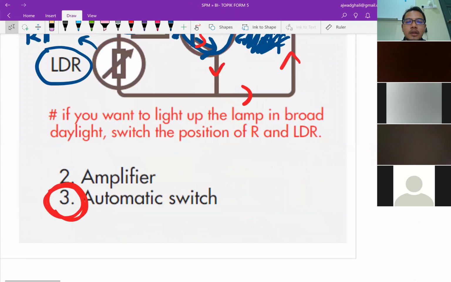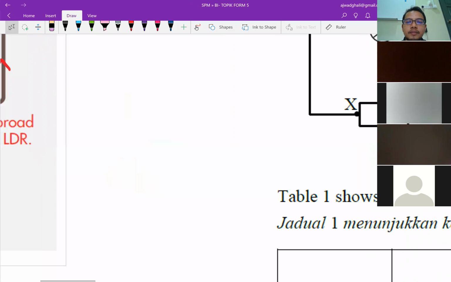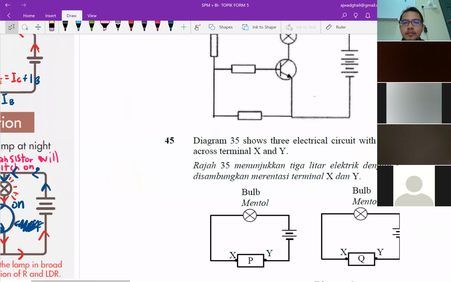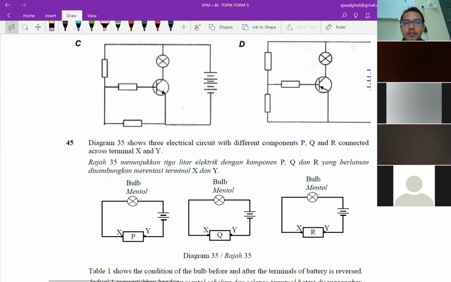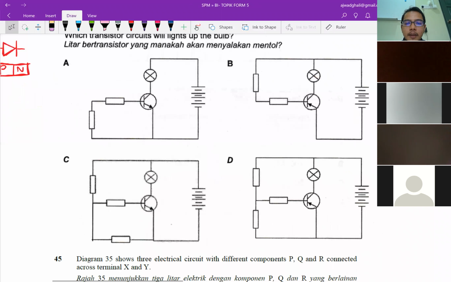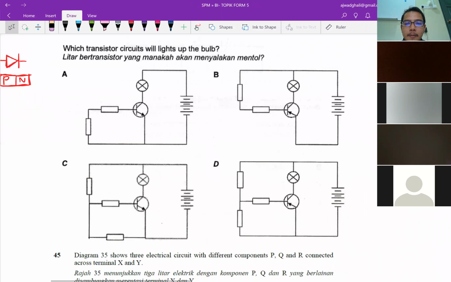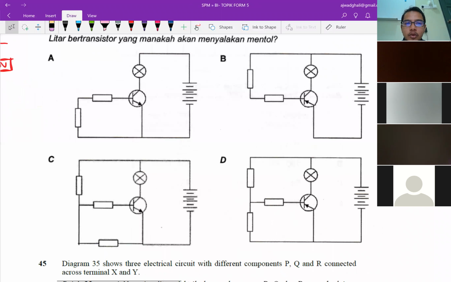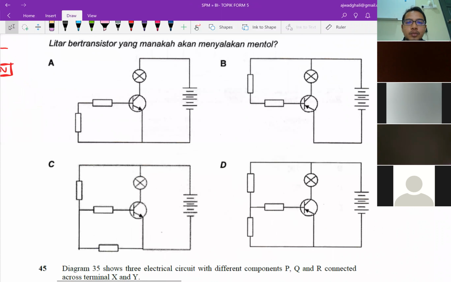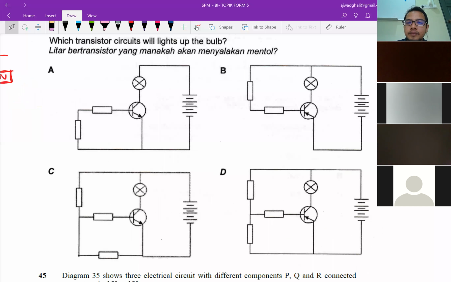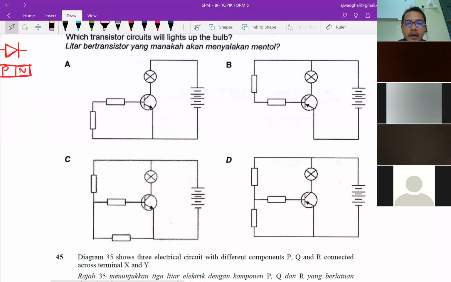Okay, so let's see the question first. The question is, which transistor circuit will light up the bulb?